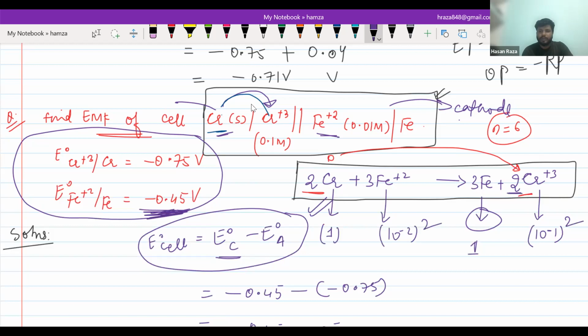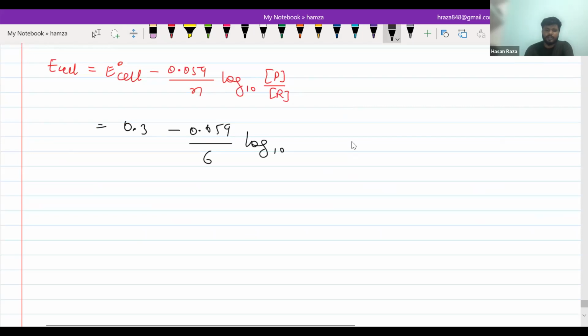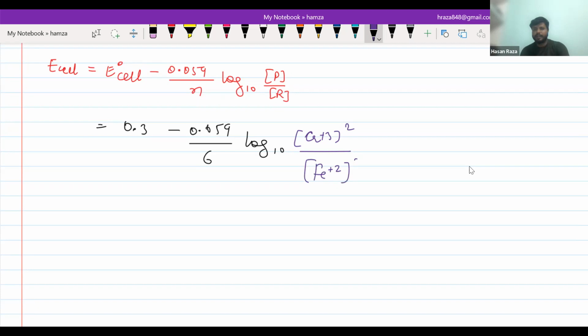Okay, so you can see on the product side, we get Cr plus 3 concentration raised to the power 2, because it has a stoichiometric coefficient 2. And on the reactant side, Fe plus 2 raised to the power 3, because its stoichiometric coefficient is 3.